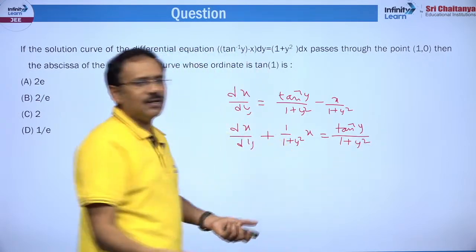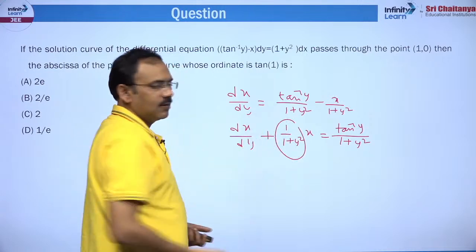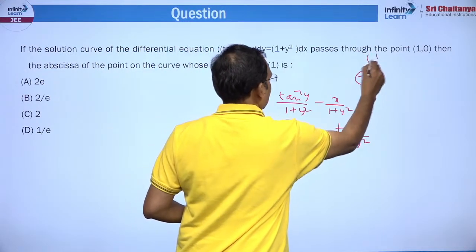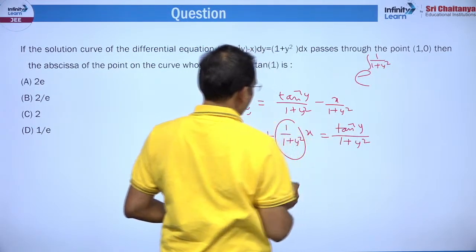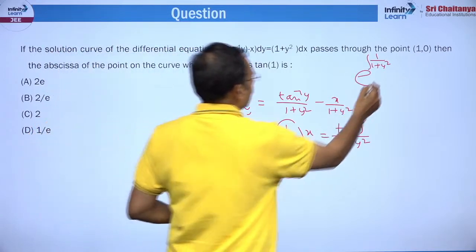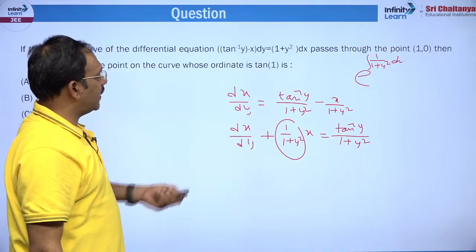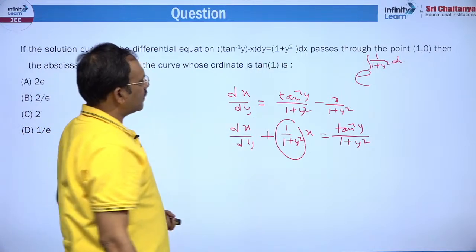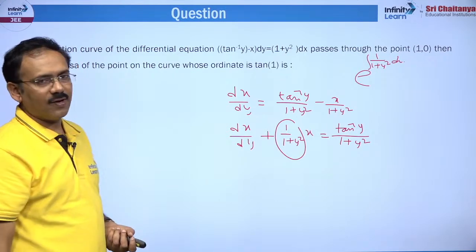Now, it is not that difficult to solve this differential equation. This is going to be p of y. So, the integrating factor is e power integral 1 by 1 plus y square dy. dx by dy I have written here, it is going to be tan inverse y by 1 plus y square plus x by 1 plus y square, right.